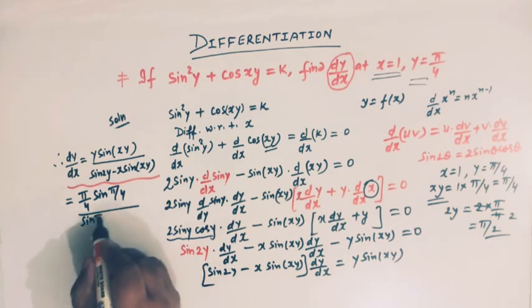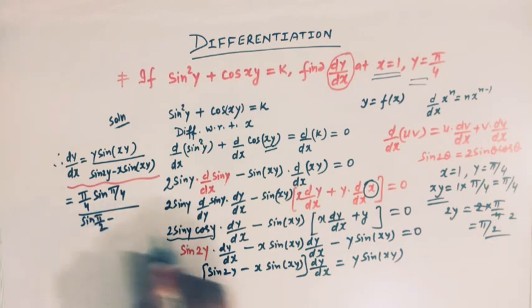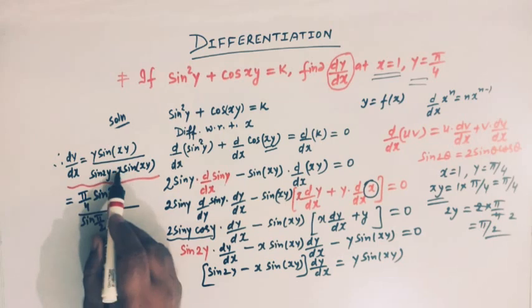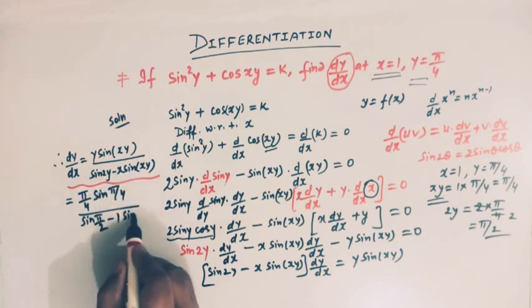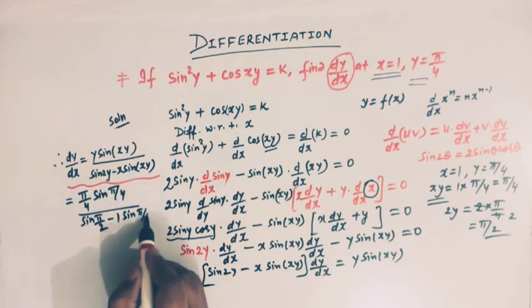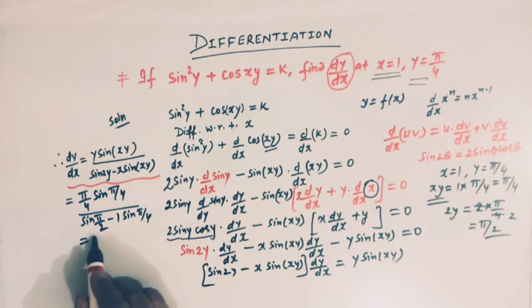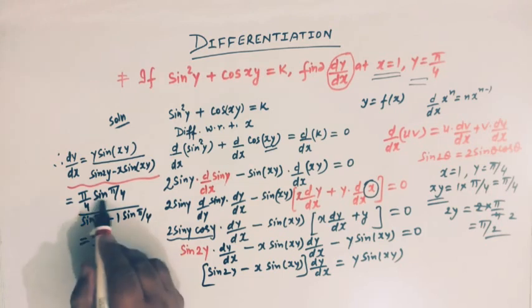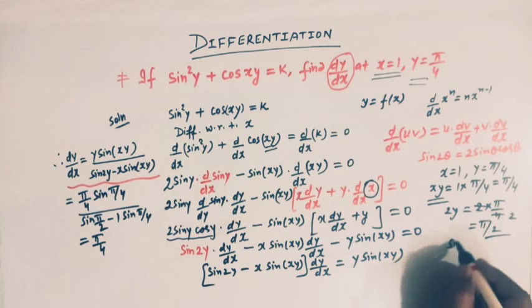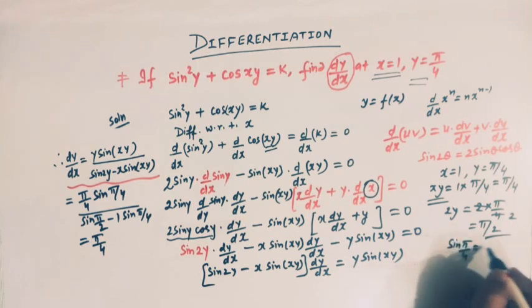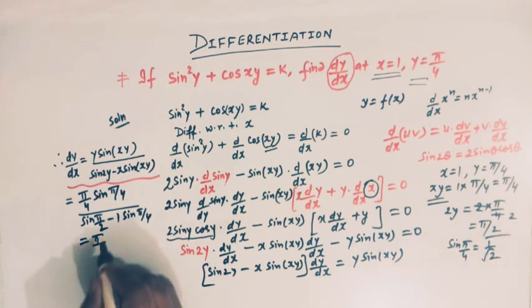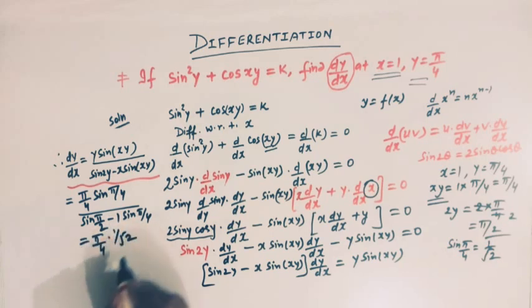So here we have pi by 2 minus x is 1, and here we have sin pi by 4, right? And we know that the value of sin pi by 4 is 1 over square root of 2. So here we have 1 over square root 2 divided by sin pi by 2 is 1, minus 1 over square root of 2.